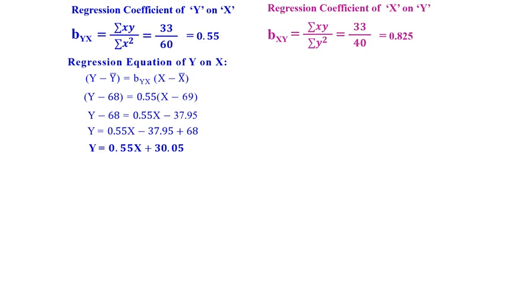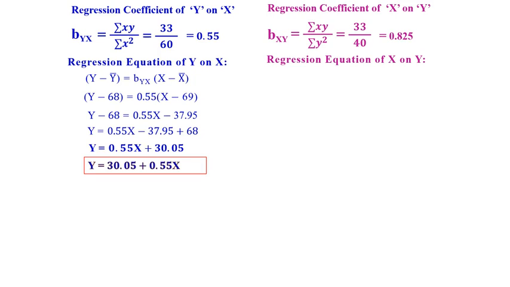Simplify this. Y equals 0.55x plus, because 68 is more than 37.95, therefore plus 30.05 will be there. So I am writing this again in y equals a plus bx form. It will be y equals 30.05 plus 0.55x.